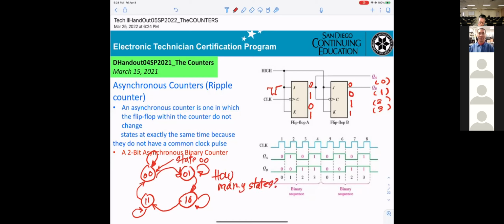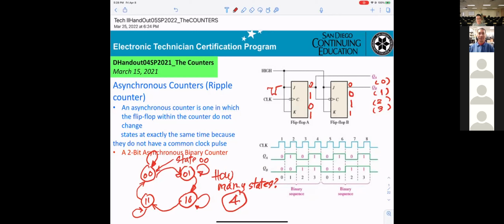They will be 4. 0, 0, that's step 0. 0, 1, the next one, 1, 0, 1, 1, okay? The number of states will be 4. However, if you're talking about decimal, they only 0, 1, 2, 3.